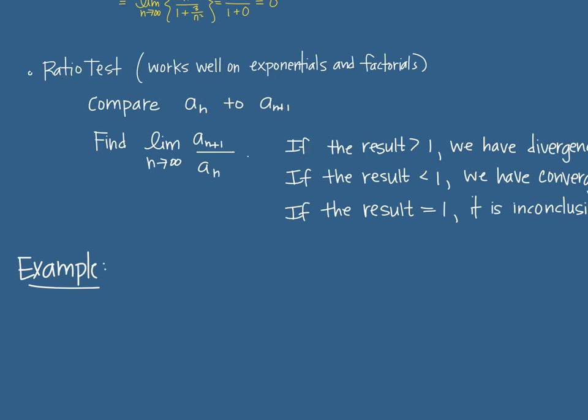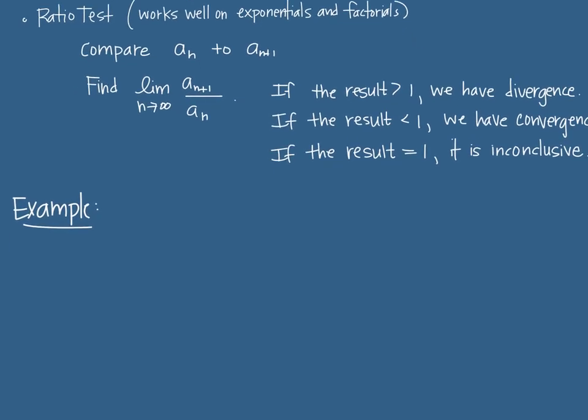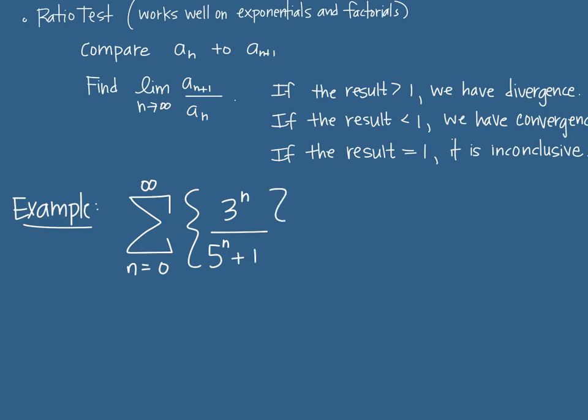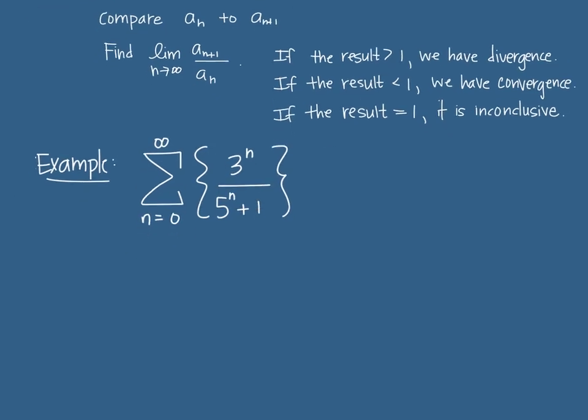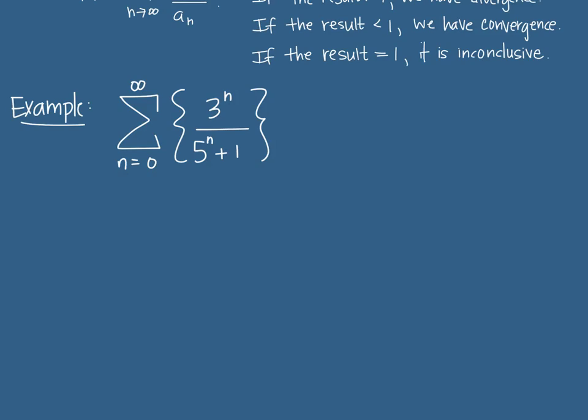Okay, here we go. The sum from n equals 0 to infinity of 3 to the n over 5 to the n plus 1. No, this is the sequence.